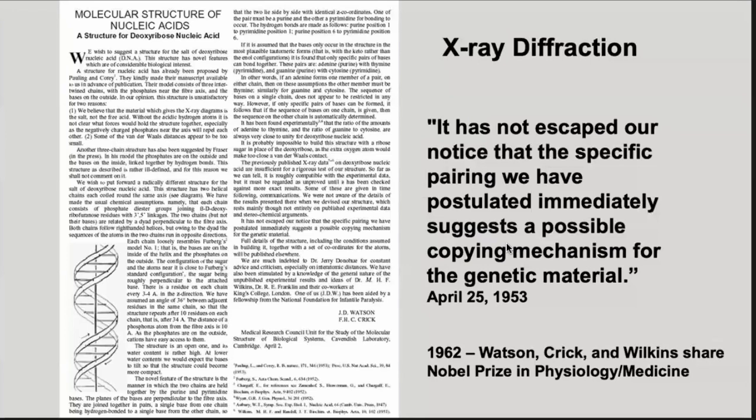It's just so prescient, meaning predicting the future, but also so understated at the same time, sort of typical British understatement. "It has not escaped our notice that the specific pairing we have postulated," in other words, A with T and C with G, "immediately suggests a possible copying mechanism for the genetic material."